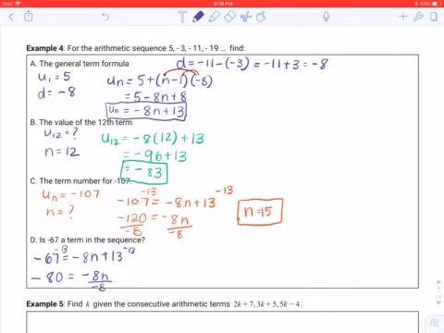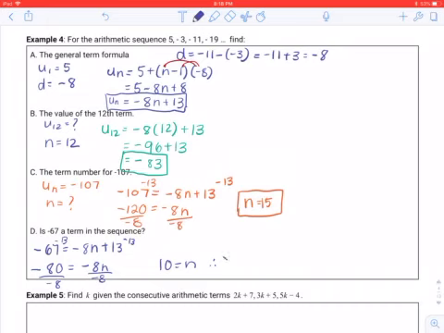And dividing both sides by negative 8 gives me 10 equals n. So negative 67 is going to be the 10th term in this sequence. Therefore, yes, negative 67 is a term in the sequence.